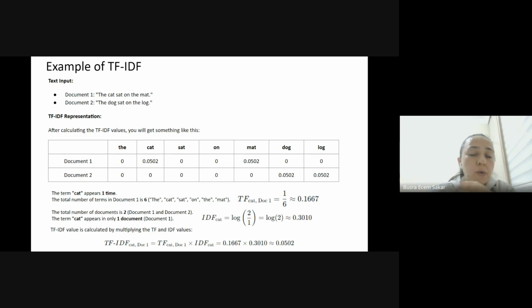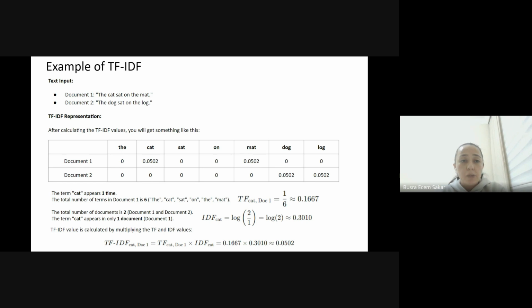And the TF-IDF score for cat in document 1 is calculated by multiplying the TF and IDF values, which is approximately 0.05. So as you can see, the word cat is unique to document 1, so it gets a higher TF-IDF score, making it more important in this document compared to other common words like "the," which have a TF-IDF value of 0 because they appear frequently across both documents.